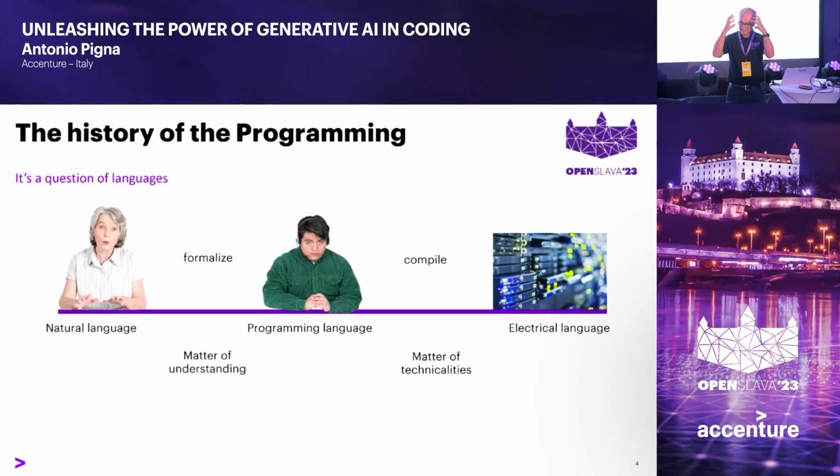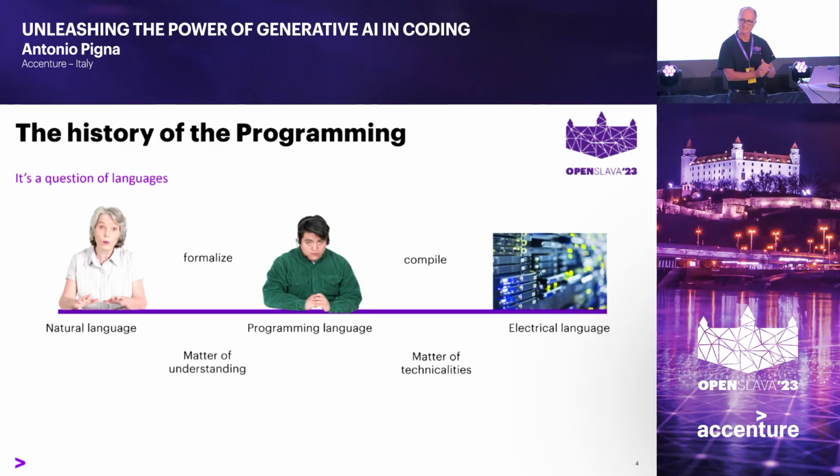So you have to move your brain, put things from natural language, from your requirement, into something that is formalized and ready to program. You write your code, and then you can use this code for compiling into, let me say, electrical language.